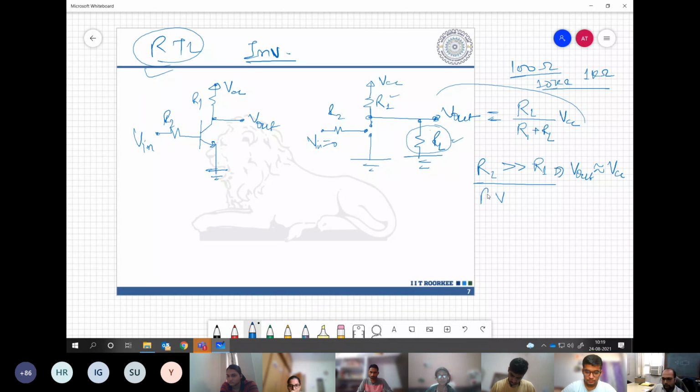But in the other condition, when RL is comparable or less than R1, then what happens? Your Vout is dictated by your R1, isn't it? Let's say R1, sorry, this is RL, not R2. Let's say RL is equal to R1. Now your Vout would be what? VCC by 2.